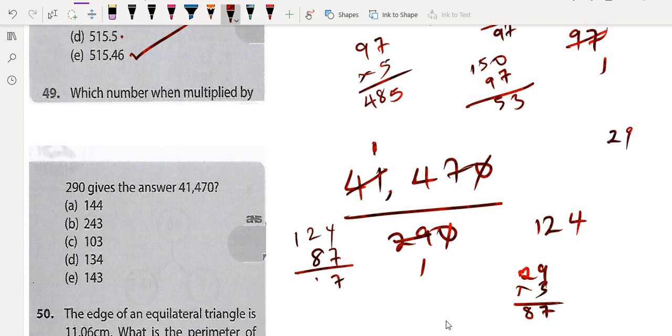Wait, 29 times 4. Oh, it's 4 now. There are this times this. 6 carry. 4 times 9, 36. 6 carry 4 times 2, plus that 3. So it's 4. Hope you know it's either option A or option E. So 116 and 124. What's the difference? 8. Thank you. 8. And that becomes what?